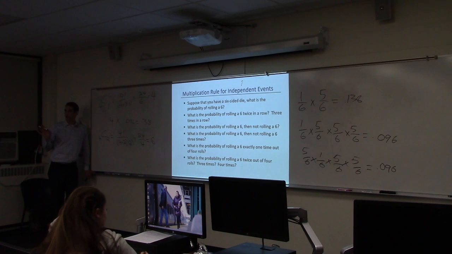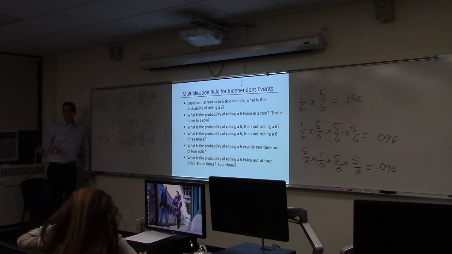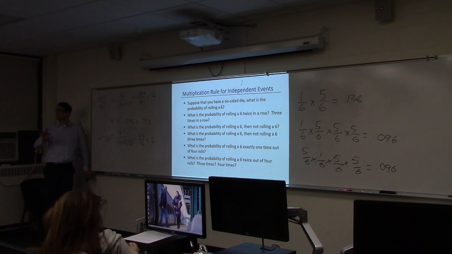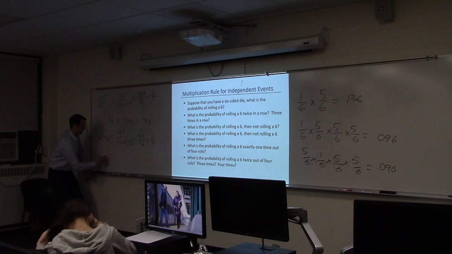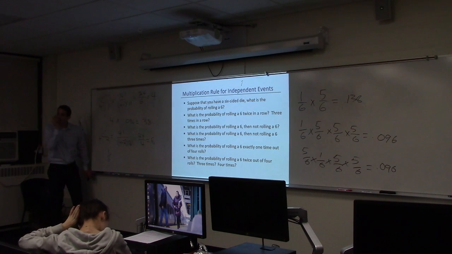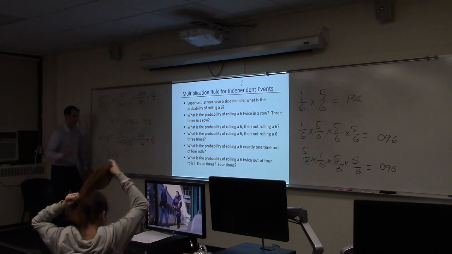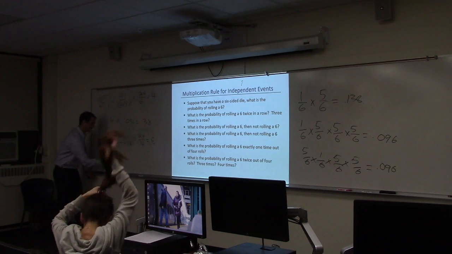What's the probability of rolling a 6 twice and not rolling a 6 twice? What you can do is pick any individual way that it might happen. So it might happen that we get a 6 the first time, probability 1/6. A 6 the second time, probability 1/6.